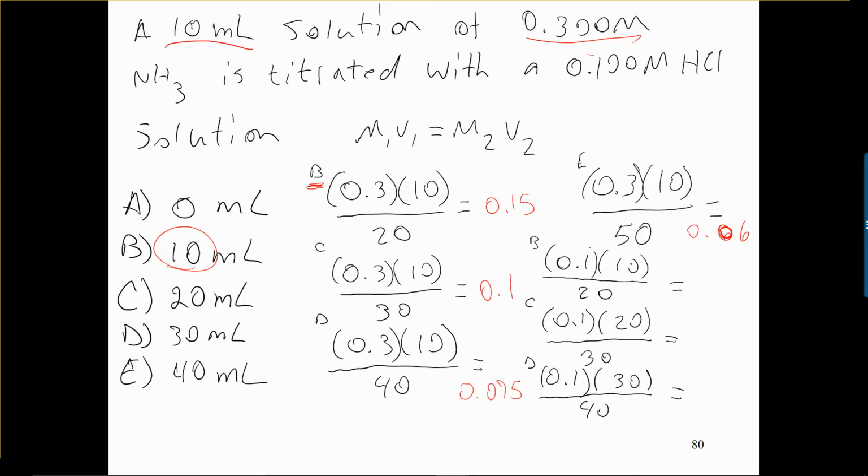Okay. And now for the dilutions of the acid. Okay. 0.0667. 0.075.